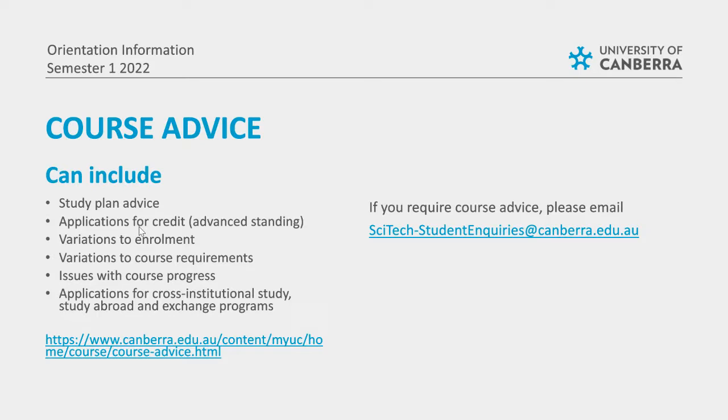You need to get some advice on that and how you can get approval to use those credits towards your course. These are the things that you can ask SciTech Student Inquiries, if you have any questions regarding variation to course requirements, variations to enrollment, issues with course progress, and application for cross-institutional study, study abroad and exchange programs. Make sure that you send an email to them.